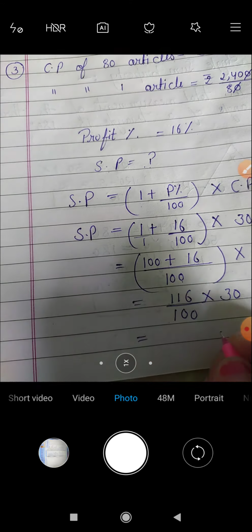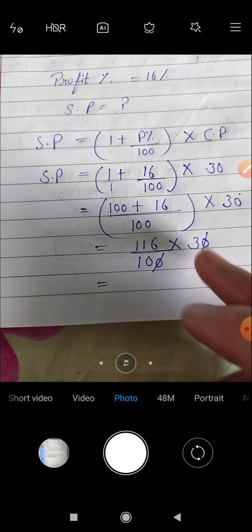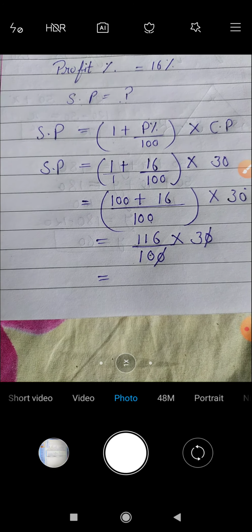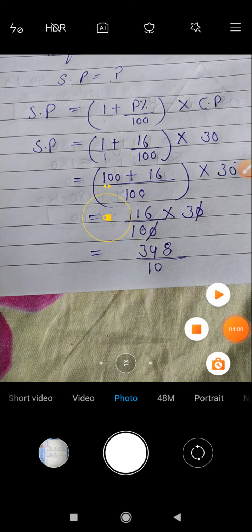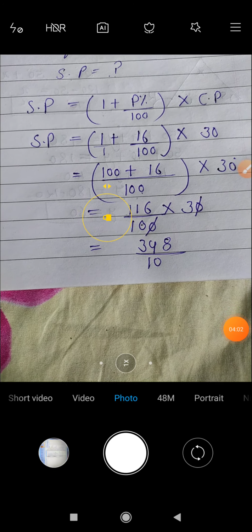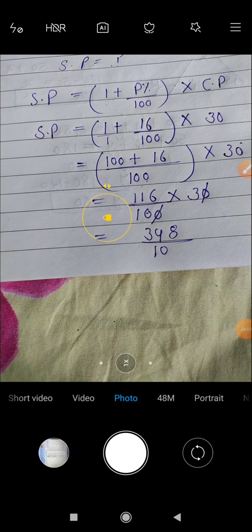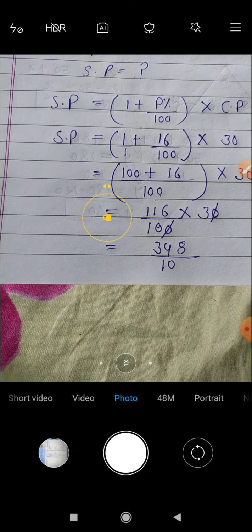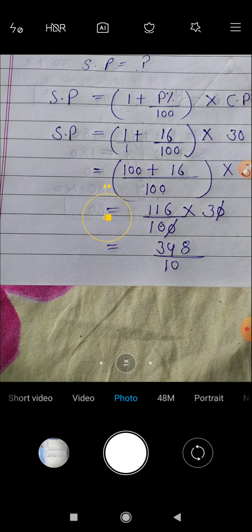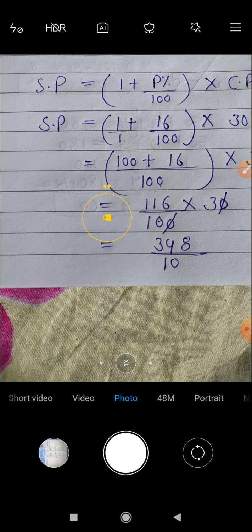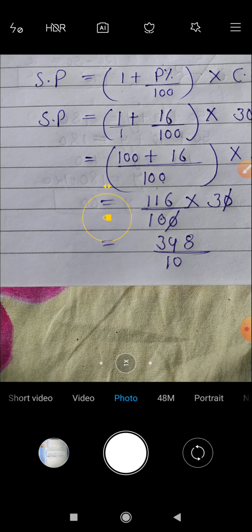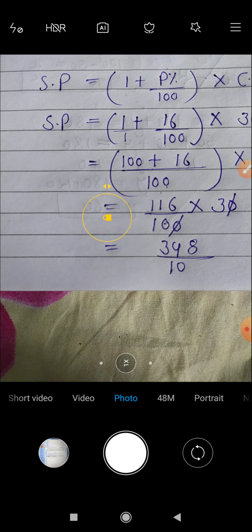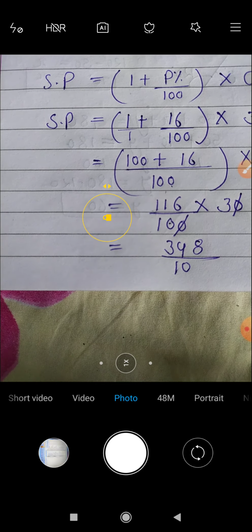First we are going to multiply 116 by 3, then we divide the product by 10. So after multiplication we have 348 in the numerator and 10 in the denominator. As we all know, if there is 10 or 100 in the denominator, we directly put the decimal according to the number of zeros in the denominator.